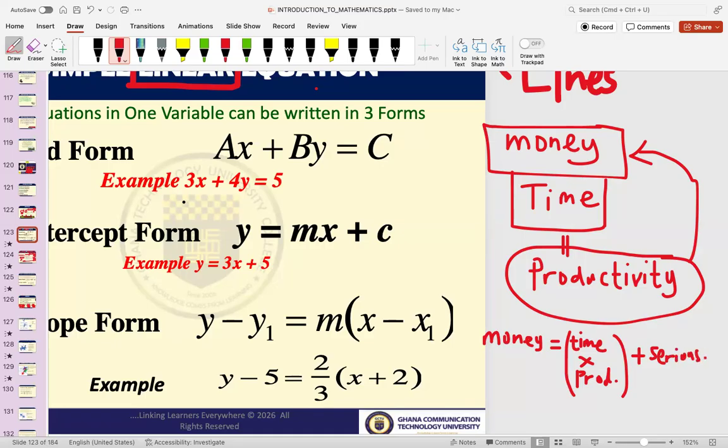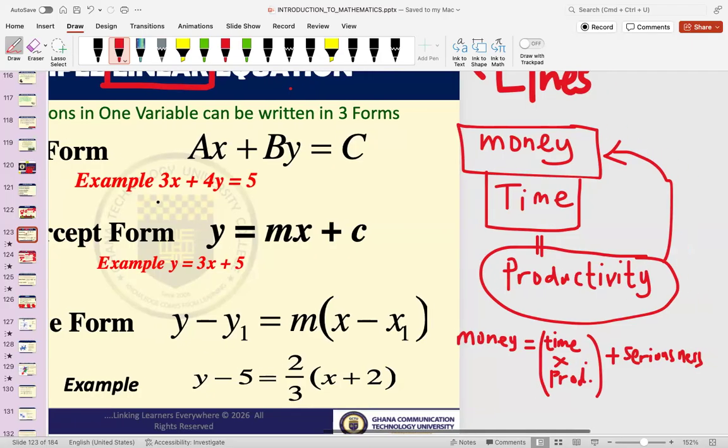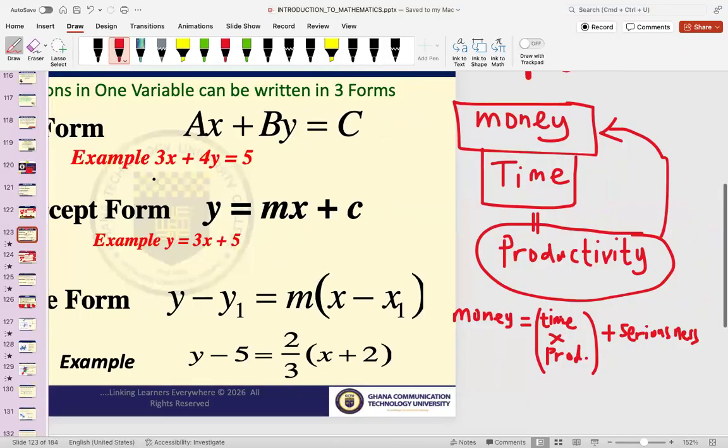This is how a businessman is supposed to behave. Money is equal to time times productivity plus seriousness.